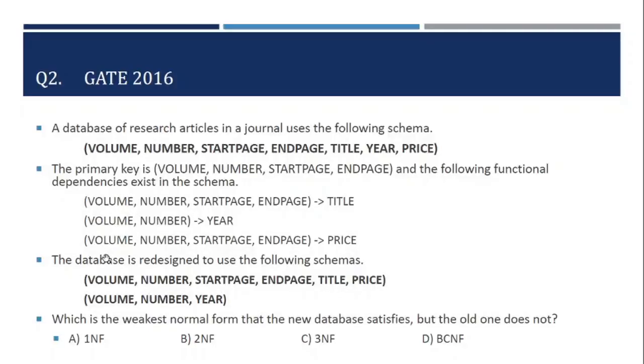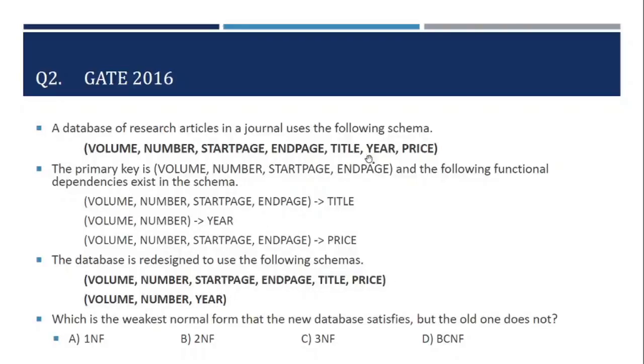Now this schema is decomposed into two tables like this. Say we have volume, number, start page, end page, title, and price in one relation, and in another relation we have only volume, number, and year.